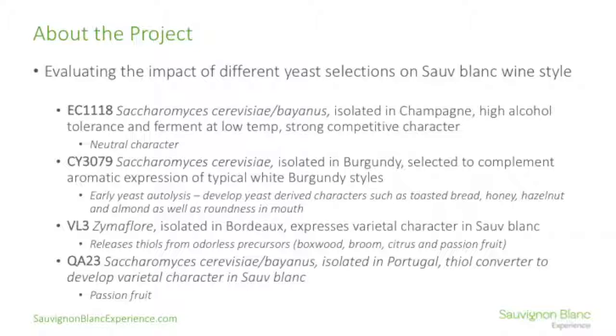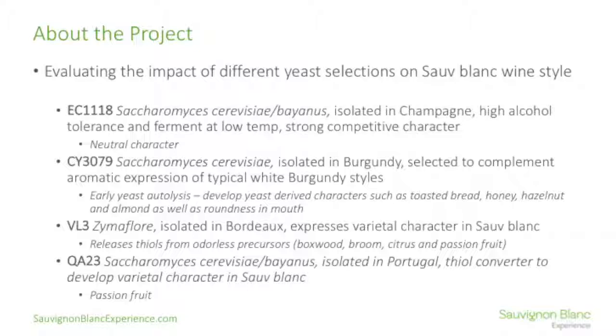We chose that because it's a Saccharomyces cerevisiae bayanus mix, isolated from Champagne. It's a workhorse, right? It has a very strong competitive character. It basically will win. High alcohol tolerance. It can ferment at low temperatures. We use it because for us, it is our control.